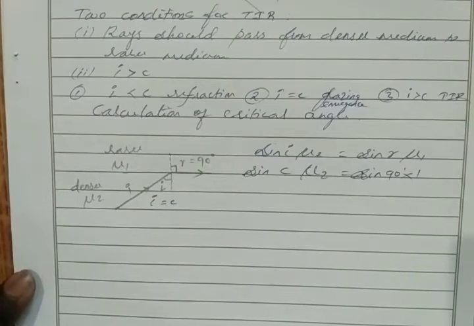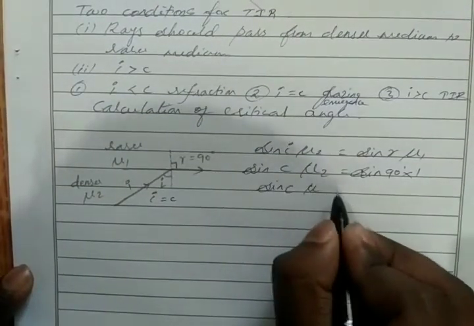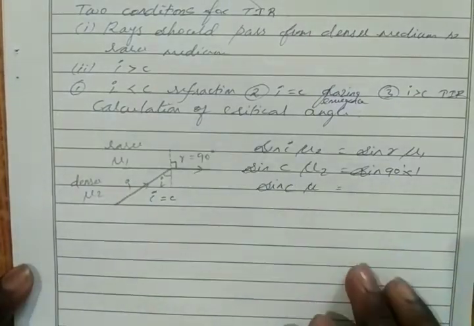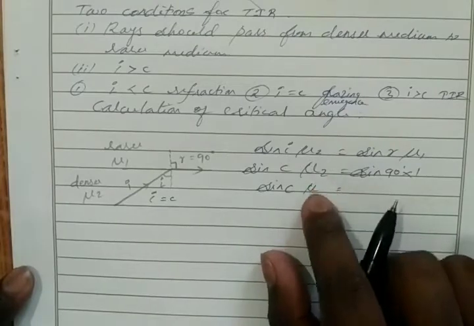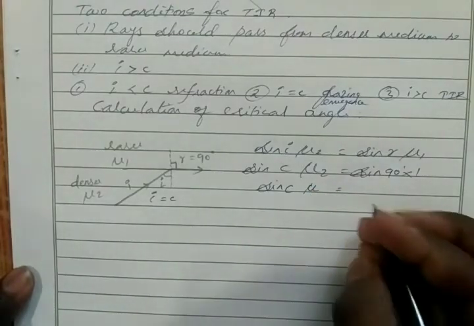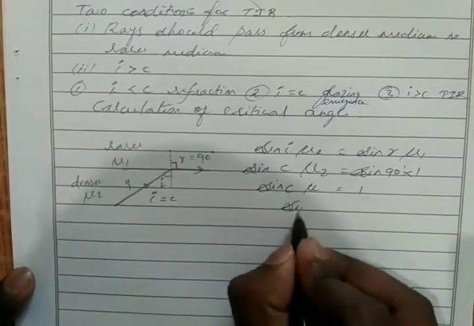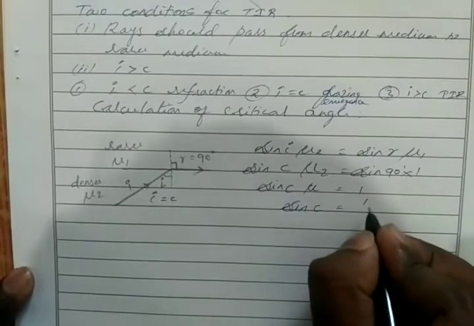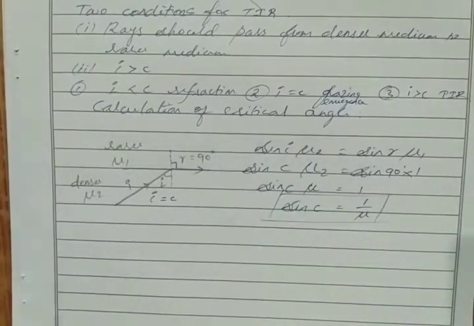Correct? So I can write mu sin C equals 1, where we have only one refractive index and simply take mu2 as mu. The value of sin 90 is 1, so 1 into 1 is 1. From this formula, sin C equals 1 by mu.